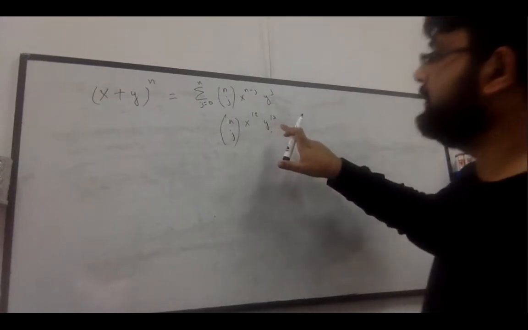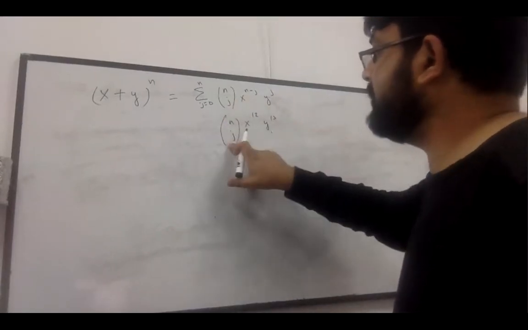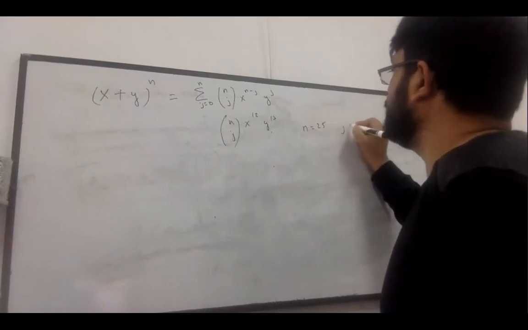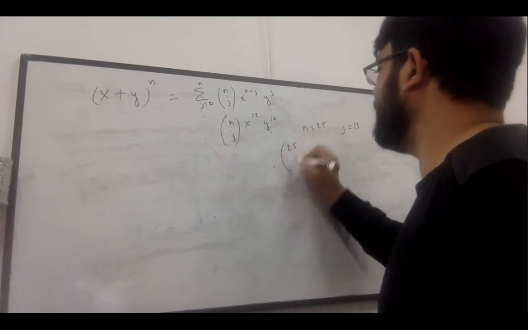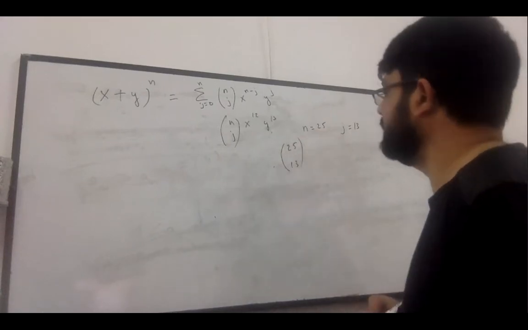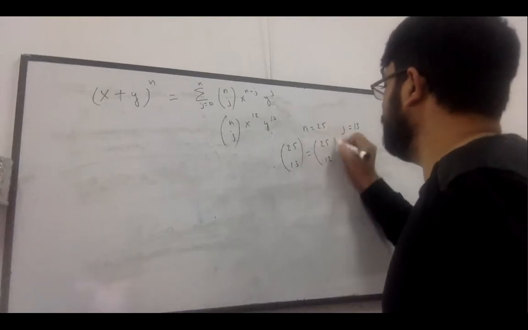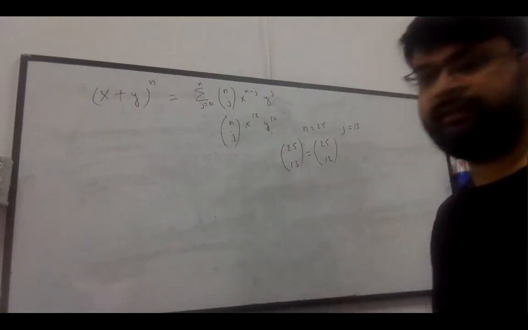I think look at j. j is always something that is over here. So I know that the value of j here is 13. The value of n is 25. So all I need to do is find the combination of 25 and 13. And this, of course, is equivalent to 25 and 12. So if you find either of it, you're still fine.